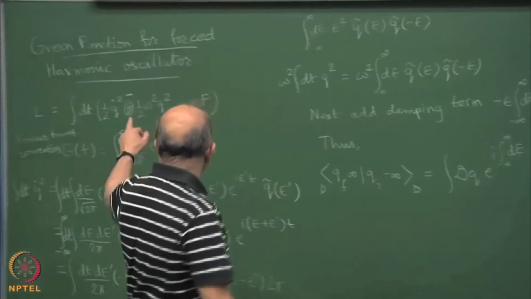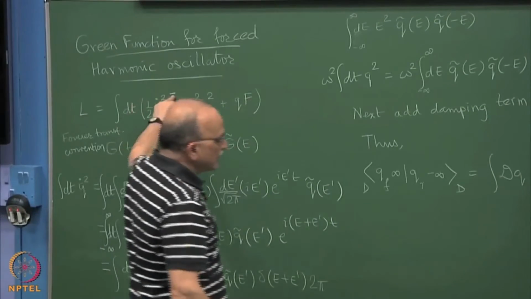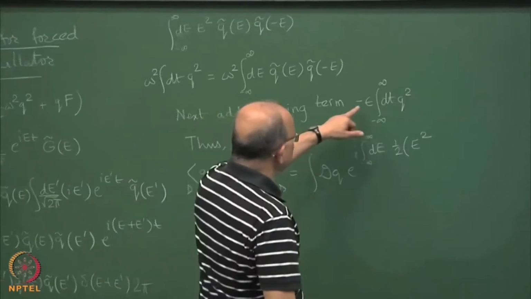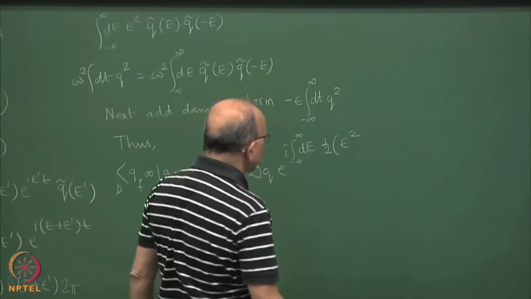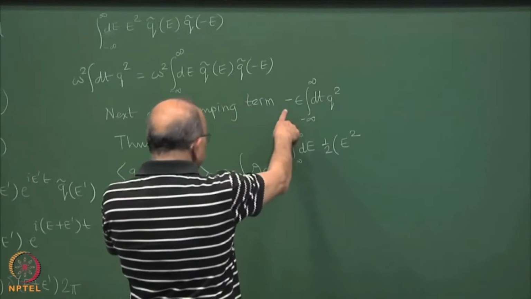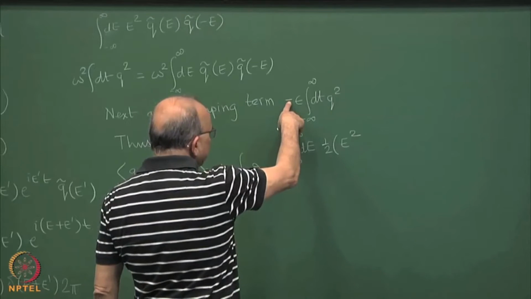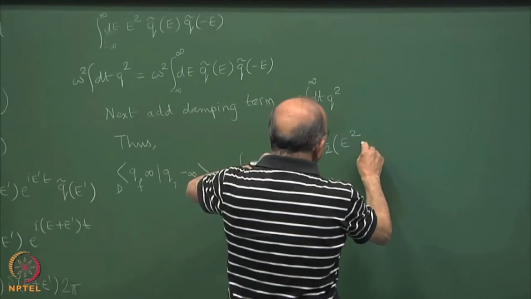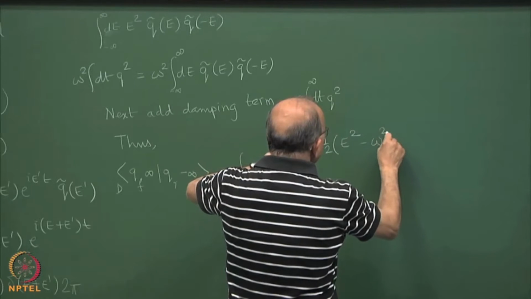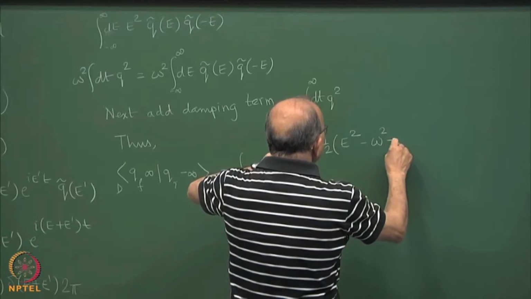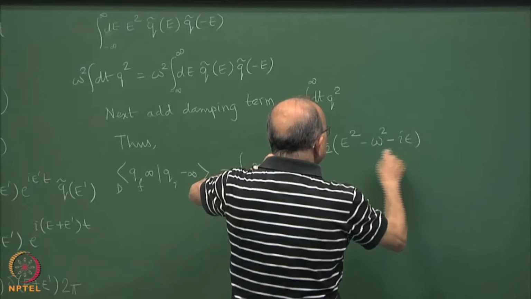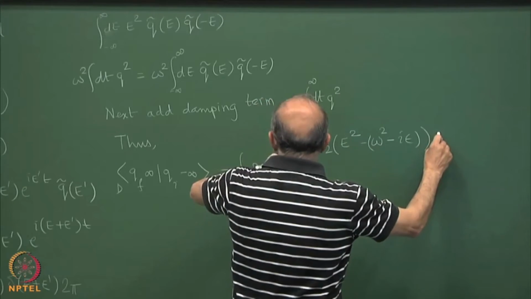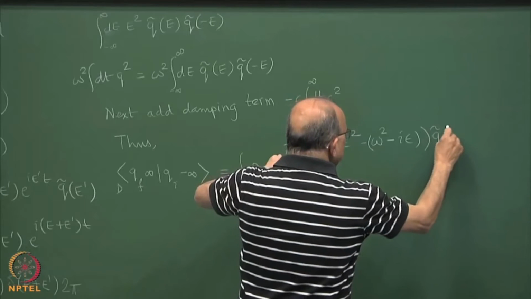But that minus sign comes multiplied with this i. So if I have to recast this in that same line, I write this minus sign as i times i, take one i out, so I will get minus omega squared, but minus i epsilon, times the q tilde E q tilde minus E.